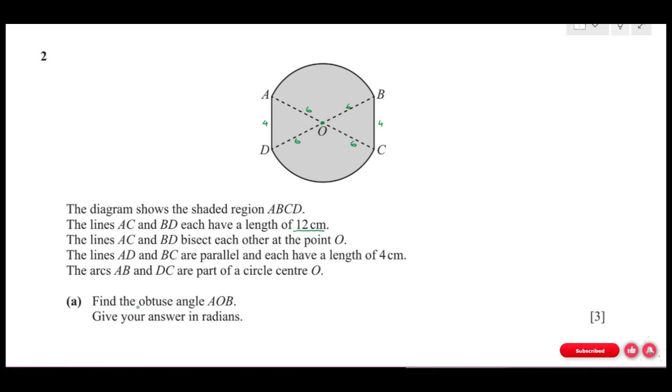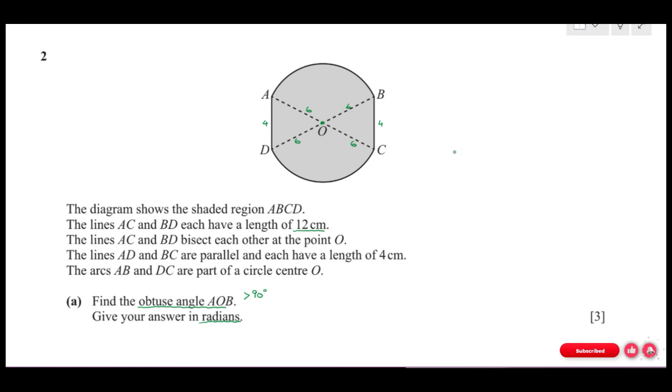Part A, find the obtuse angle. An obtuse angle is an angle greater than 90 degrees and less than 180 degrees, right? AOB, give your answer in terms of radians, not in terms of degrees, right?